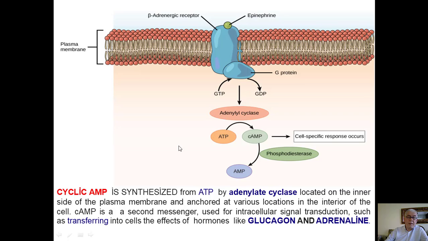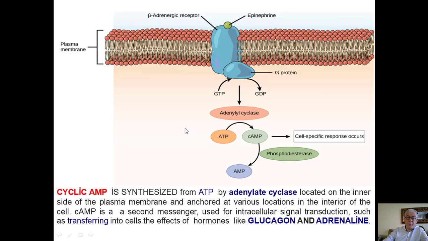And another one, cyclic AMP and GMP, have a hormone signal transport system. For example, epinephrine has a receptor on the cell membrane, and when epinephrine binds to the receptor and activates the adenylyl cyclase enzyme, the enzyme produces cyclic AMP from ATP, and cyclic AMP has a very important role in glucagon and adrenaline metabolism.